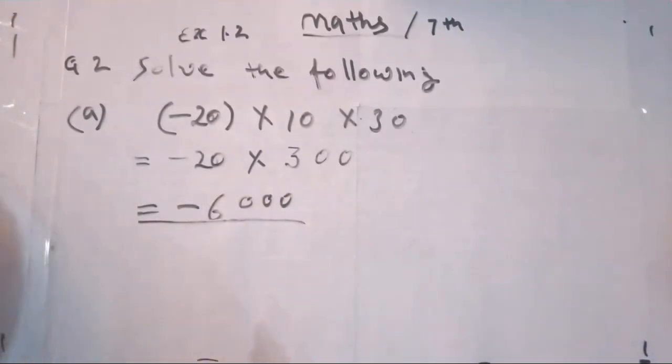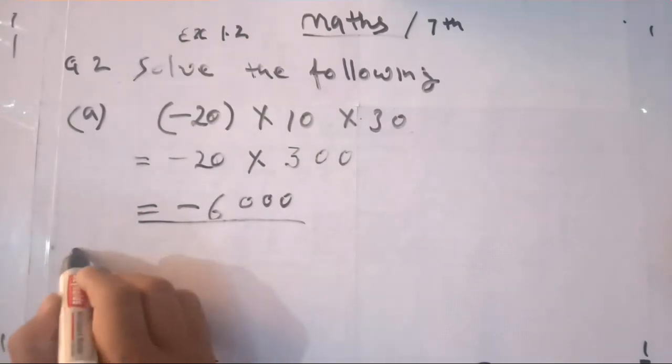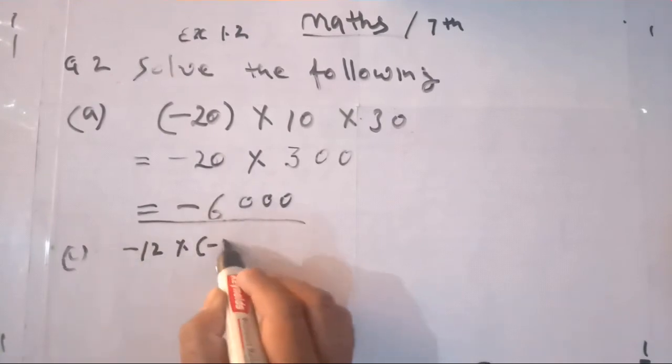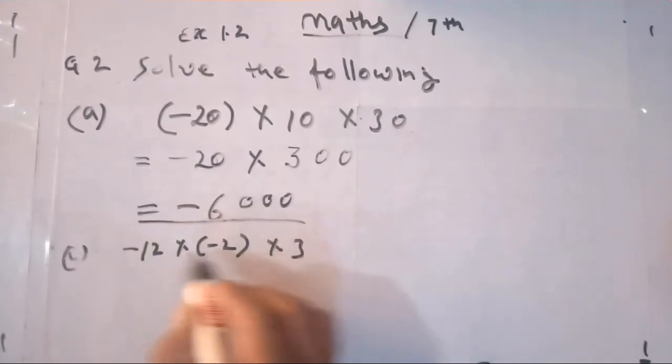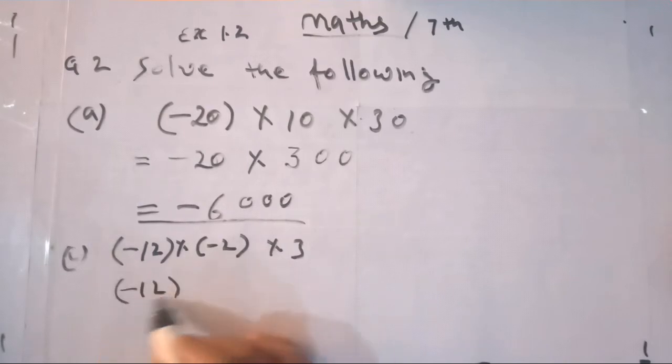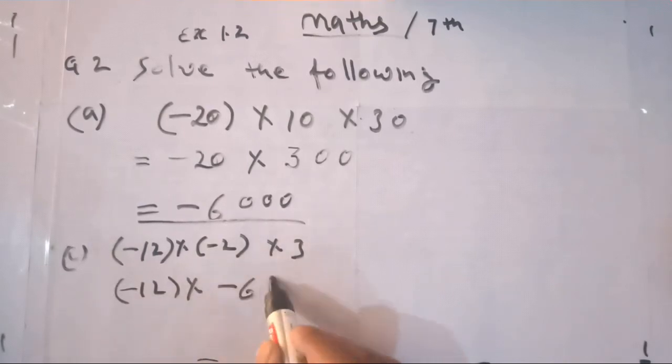And if I take one more example, let me take C part. C part is minus 12 into minus 2 into 3. Again you have to rearrange these numbers by suitable multiplication. Beta, you take only those digits that multiply easily. So when we multiply 3 into 2, this is equal to 12 into 3 into 2, minus 6.